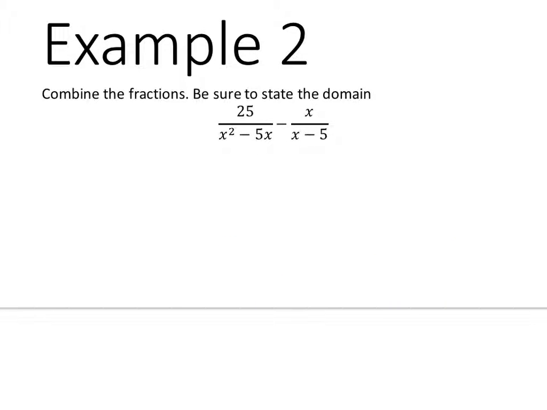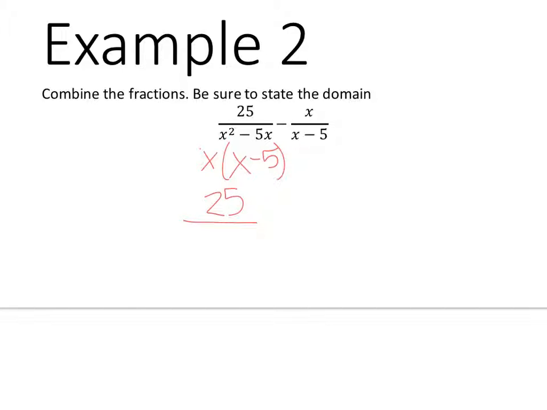All right, example 2. Similar, but it's different because I actually have to factor my denominators. My first denominator is x squared minus 5x. It's two terms, but they're not perfect squares, so this is just a GCF problem. If I take an x out, I'm left with x minus 5.